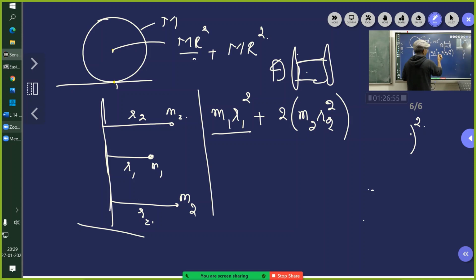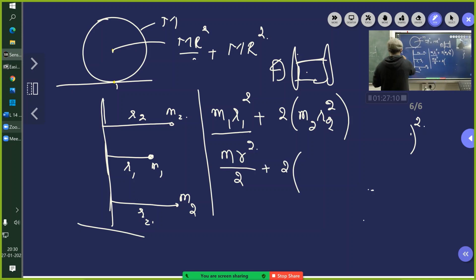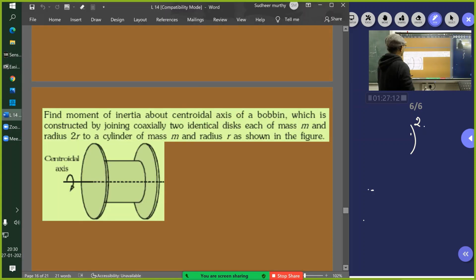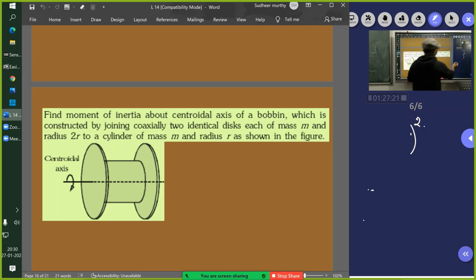So this central cylinder, its mass is m, and the radius they have told is r, so mr square, and that of a solid cylinder will be by 2, plus 2 into, then what have they told about the mass? Two identical discs of mass m and radius 2r and central mass m. Mass is the same everywhere.